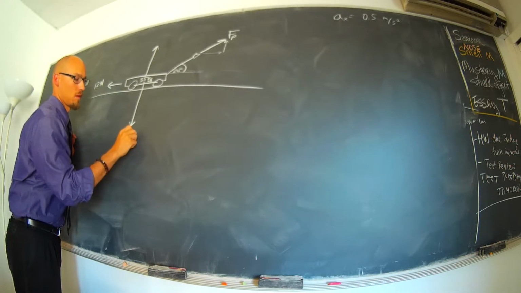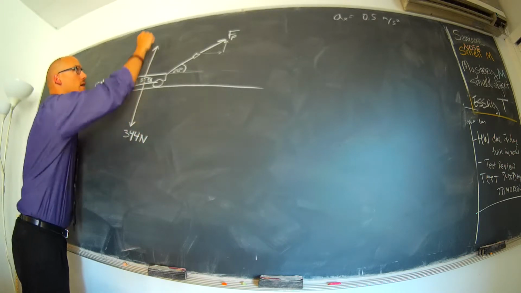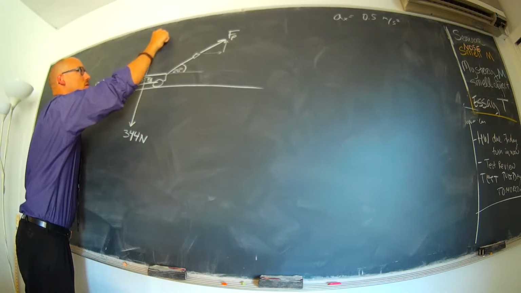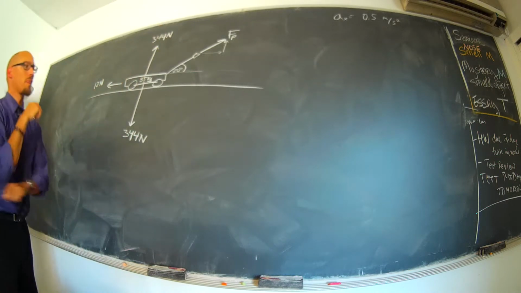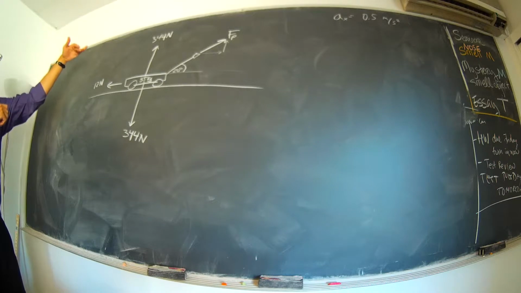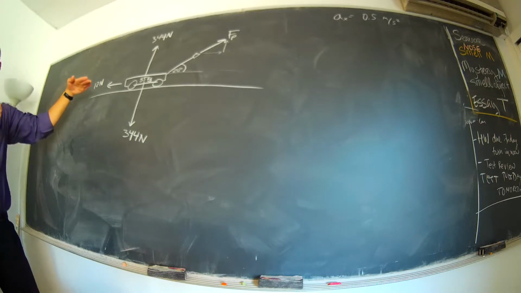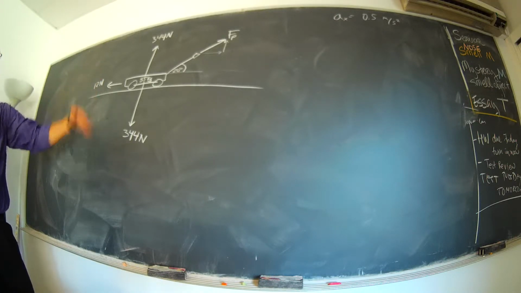Can we do 344 newtons and 344 newtons? Because this thing is not flying off into the air or burrowing into the ground at an accelerated rate. It's just cruising like a regular old wagon.